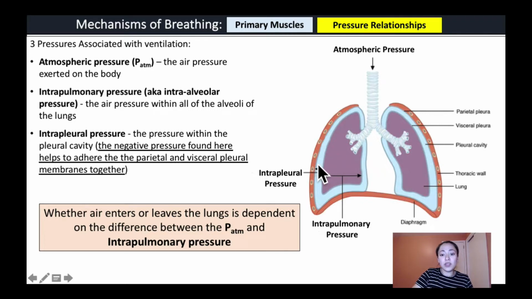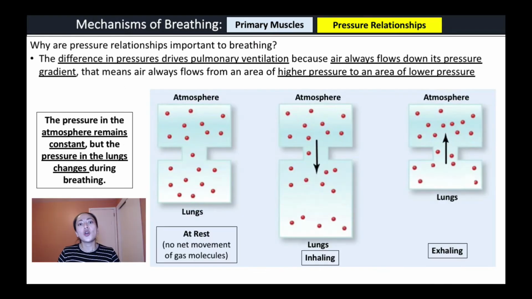And the pressure within this intrapleural space here is pretty much just to keep the lungs functioning properly and keeping those membranes attached together on the outside. So why is the pressure relationship between the atmosphere and the lungs important in breathing? This is because the difference in pressure drives pulmonary ventilation, because air always flows down its concentration gradient.